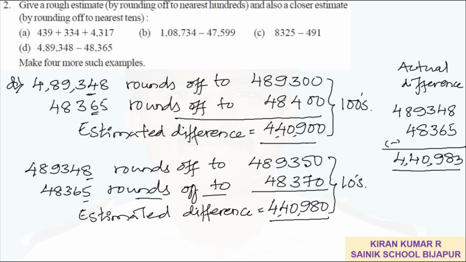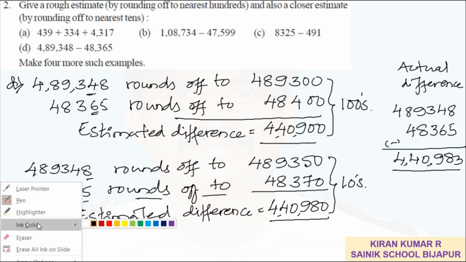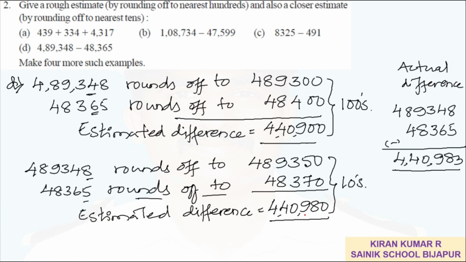Observe very closely which one is the nearest estimate. The nearest estimate is 4,40,980, not this one. Now you must have understood very carefully, and you will be able to make 4 such examples. Let's move on to the last question of the exercise.